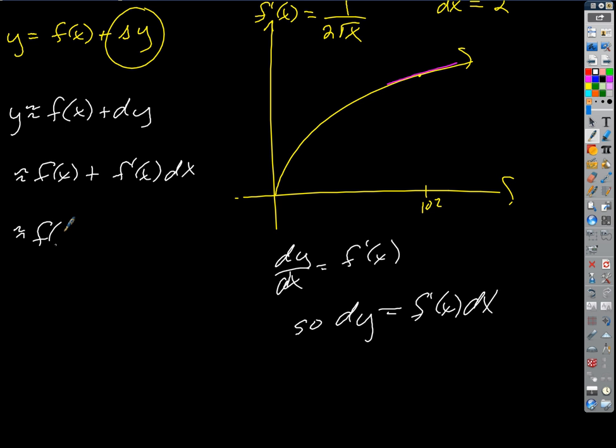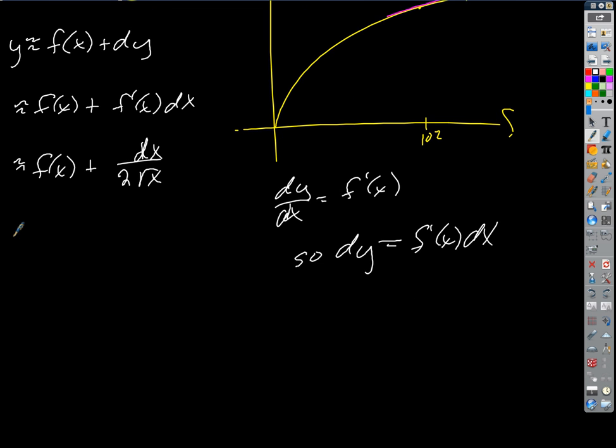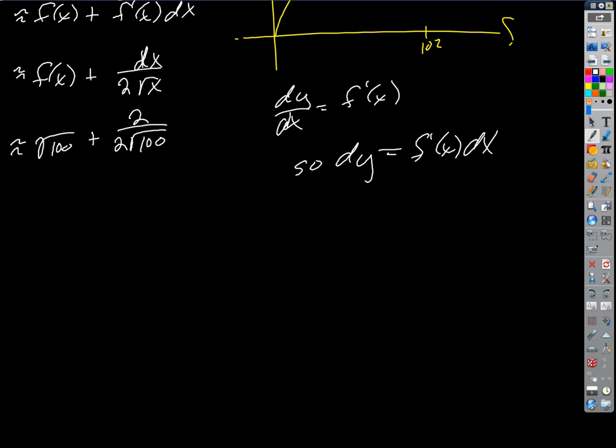So we got f of x plus 1 over 2 times the square root of x times dx. We'll just put that up top. And so we end up with the square root of 100 plus dx, which was 2, over 2 times the square root of 100. So what does that give us? We can do that in our head.